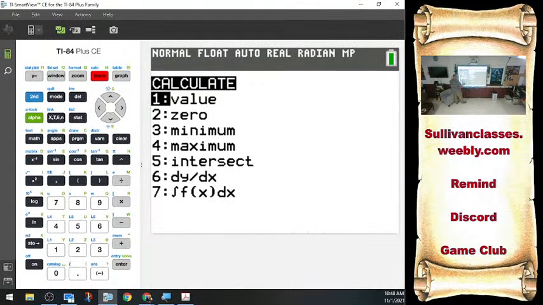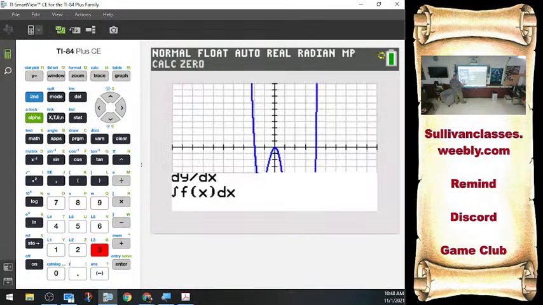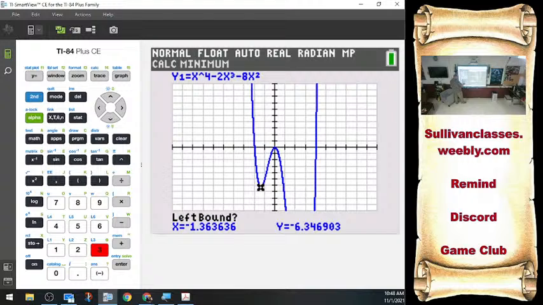Calculate a minimum, somewhere between, I don't know, 0 and 5. As long as it's in there, we're good. How low does it go? Holy. Okay.